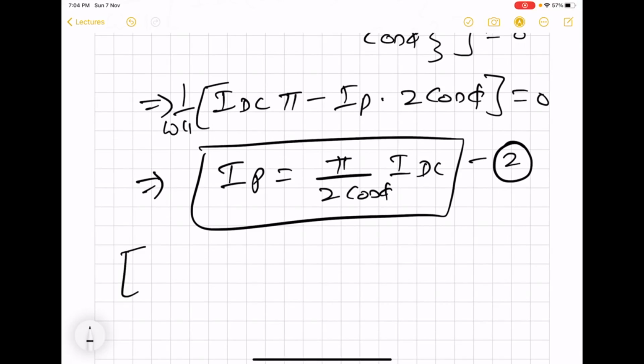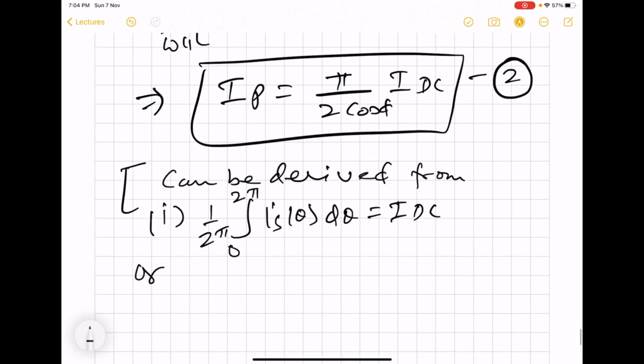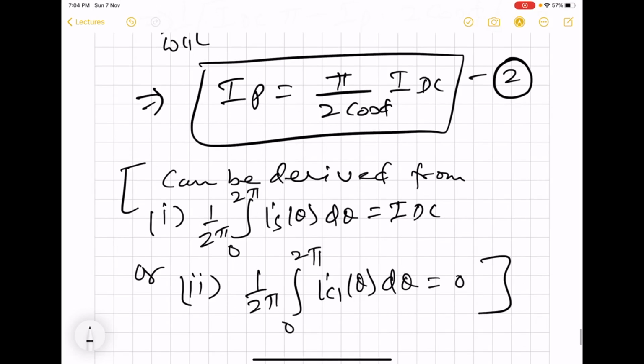It can be derived from the first condition, from the switch current average value being equal to IDC, or from the average of IC1 being equal to 0. So these are the other ways in which one can get this equation.